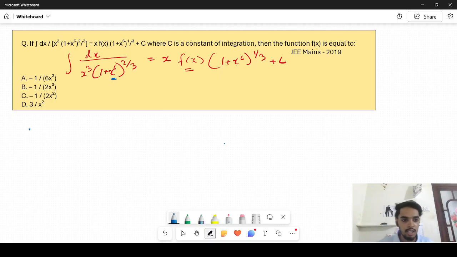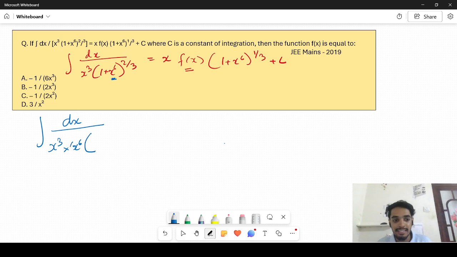So it will be integral dx divided by x³ into (x⁶) to the power 2 by 3, because we have taken it from the bracket, times (1 + 1/x⁶) whole power 2 by 3.